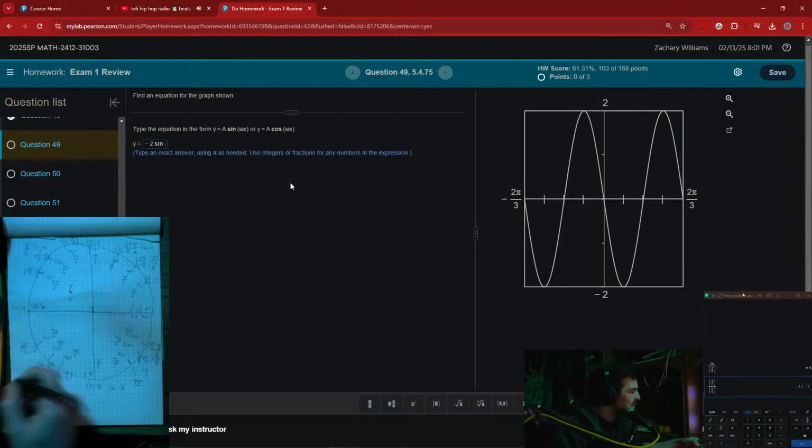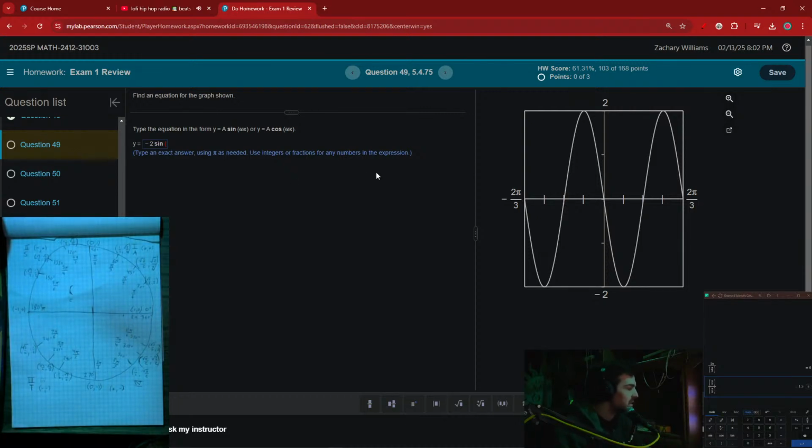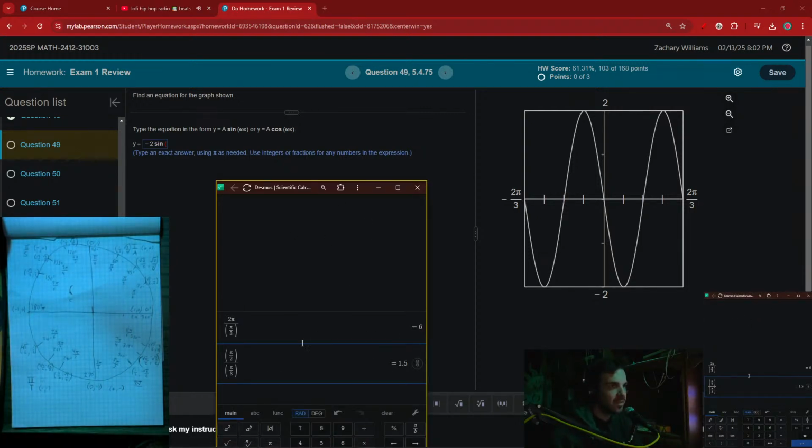Okay, so 2 pi over 3 is 120 degrees. 120 degrees divided by 4. Is that what we're doing? 30. So each interval is pi over 6. Yeah, pi over 6. Pi over 3. Pi over 2. 2 pi over 3.